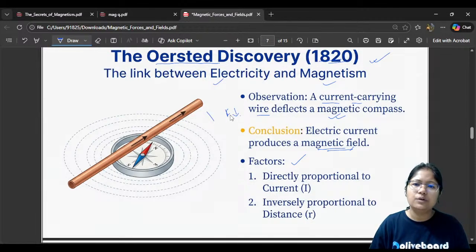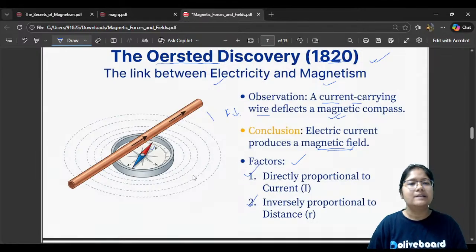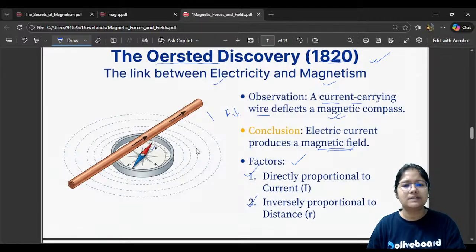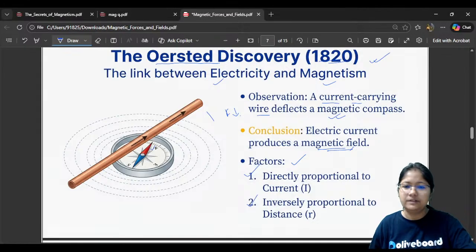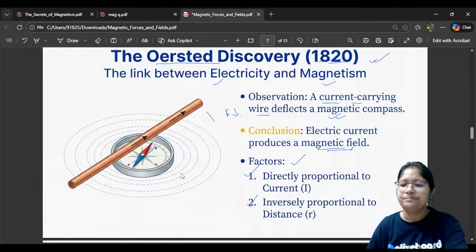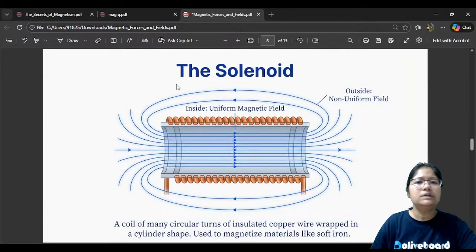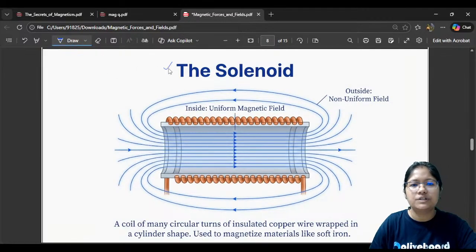So here also it is inversely proportional to the distance, and directly proportional to the current. As a result, by using this current, you can always have strong magnets, so strong that they do not naturally occur, and that also you are able to make with the help of this. Okay. Coming to the solenoid, there are always questions for solenoid.